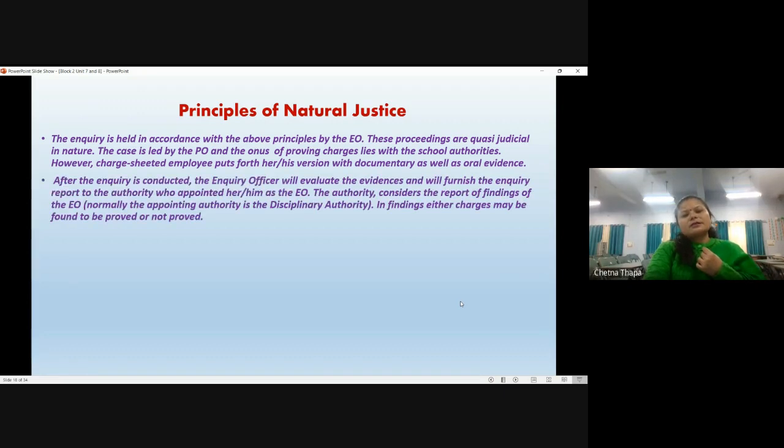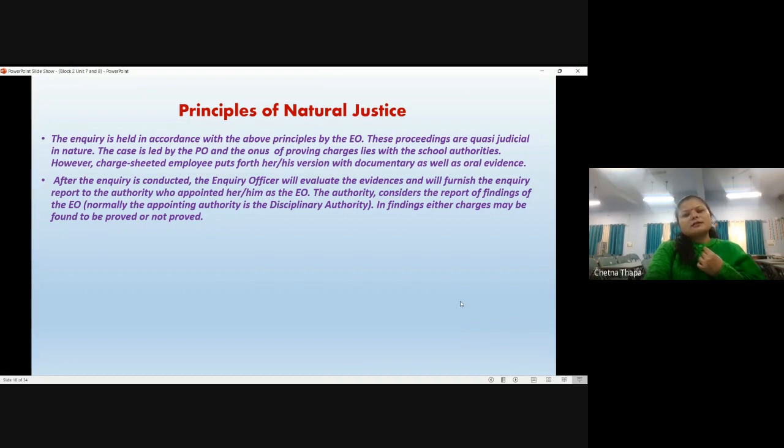After the inquiry is conducted, the inquiry officer will evaluate all the evidence, whatever supporting documents are given by the charge sheeted employee, and will furnish the inquiry report to the authority who appointed him or her as the EO. As the school head, you might be the authority who has appointed another staff member as EO. Then that EO will give a report to the authority, that is you.